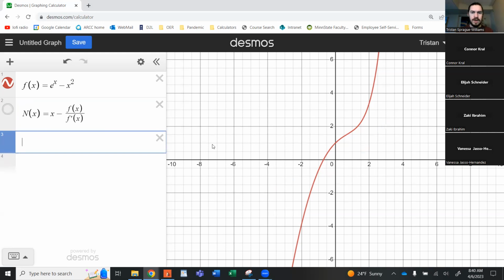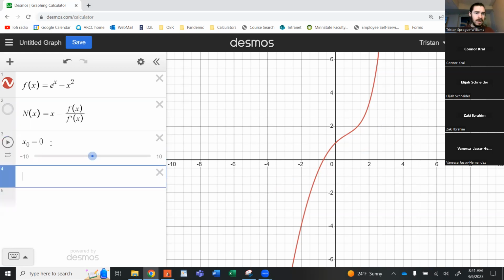But what I want to do is make an initial guess, x0, and have that x0 equal whatever our initial guess is. Then we're going to do n of x0. Remember how the second guess was -1?